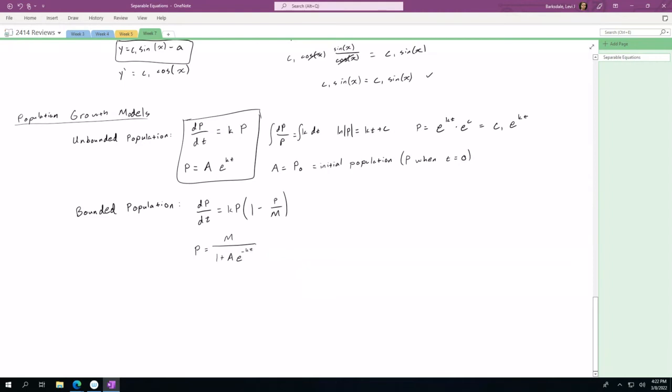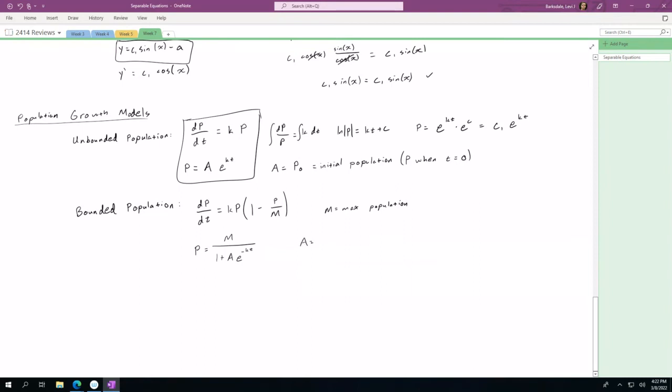And again, P is our population, t is our time, k is simply a proportionality constant, which depends mostly on the problem situation you're working with. It's usually dependent on which species you're looking at the growth of. In this case, M is our maximum population. Our A value is no longer our initial population.